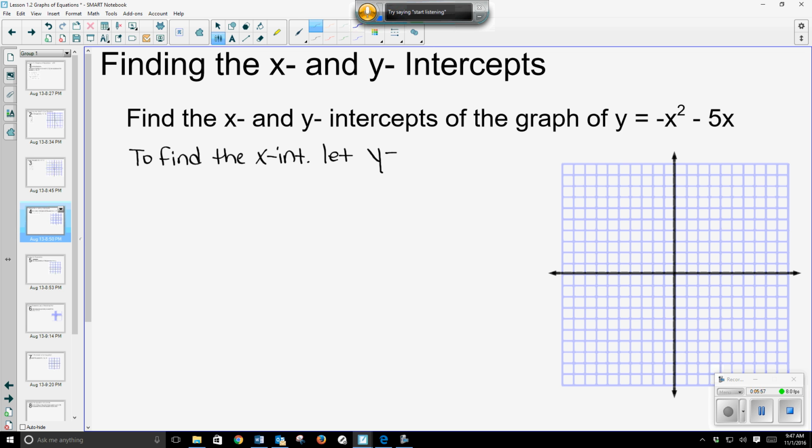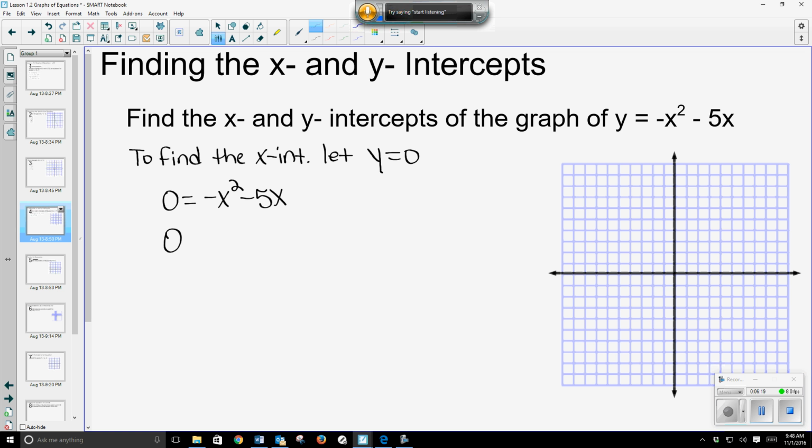So let y equal 0. So to find the x-intercept, let y equal 0. So if you let y equal 0, solve your equation for x.